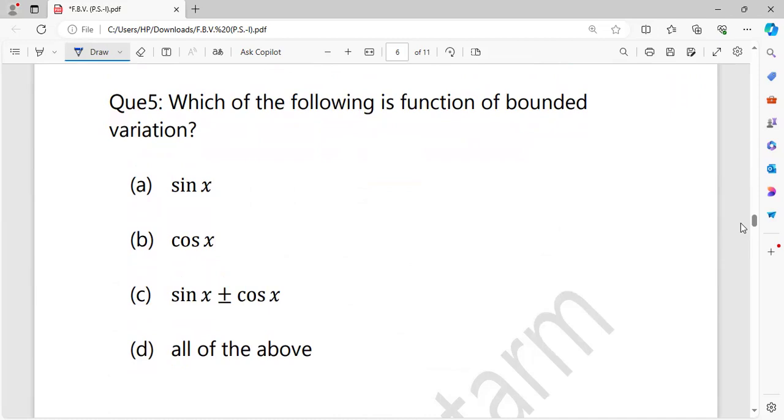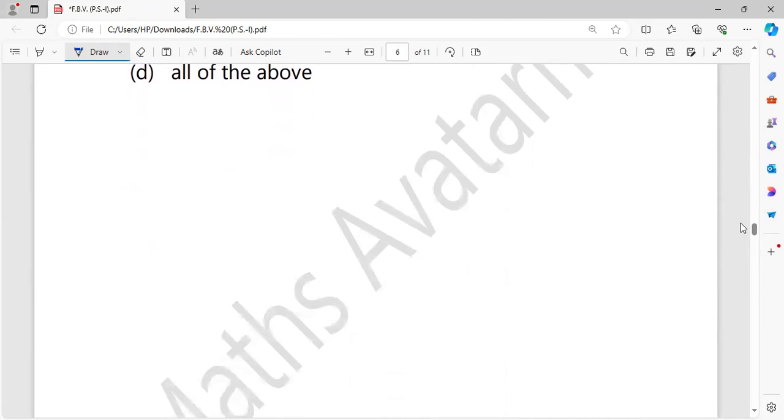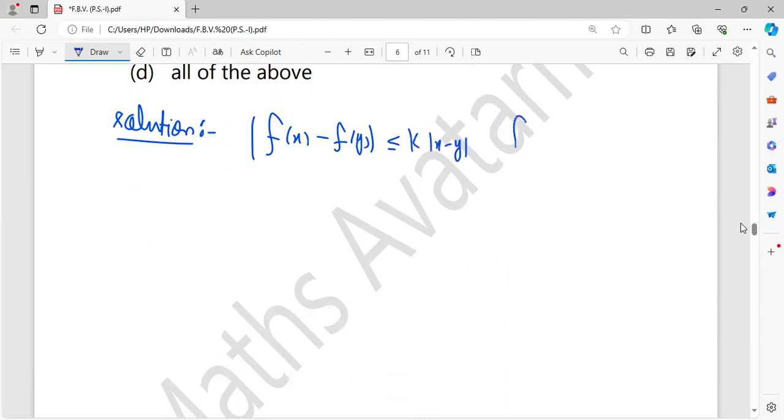I told you about Lipschitz functions: if |f(x) - f(y)| is less than k times |x - y| for some k greater than 0, this implies f is a Lipschitz function.